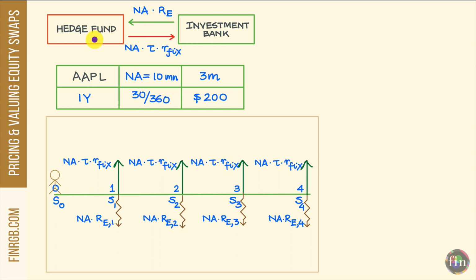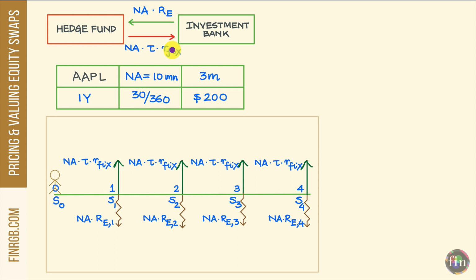The reference asset for this equity swap is the stock of Apple, and the notional amount is $10 million. In this equity swap, the hedge fund will be periodically receiving the equity-based cash flows. You can call it the equity leg. And in return, periodically, this hedge fund will be paying fixed cash flows. You can call it the fixed leg.